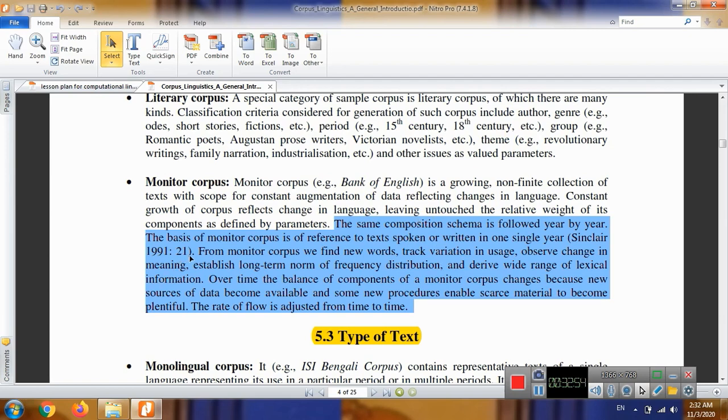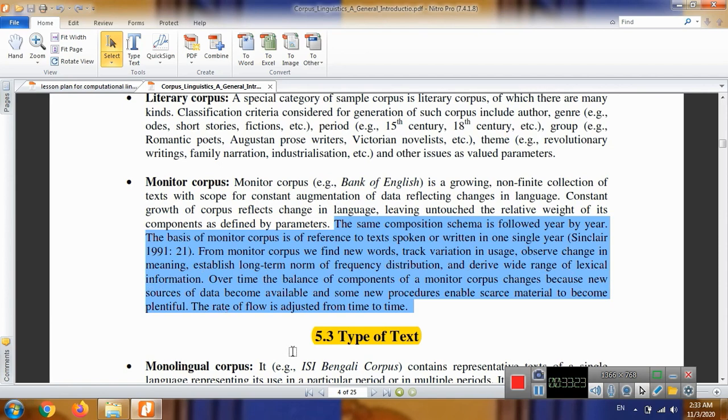The basis of a monitor corpus is reference to text spoken or written in one single year. From a monitor corpus we find new words, track variation in usage, observe change in meaning, establish long-term norms of frequency distribution, and derive a wide range of lexical information.